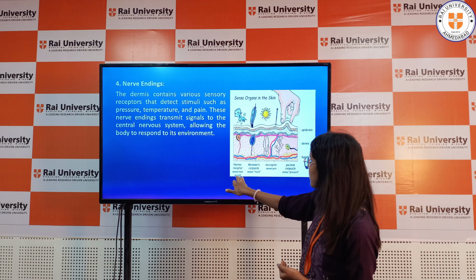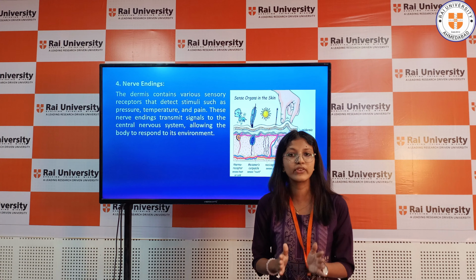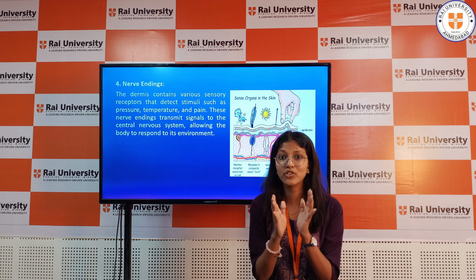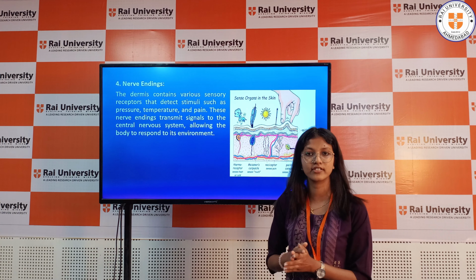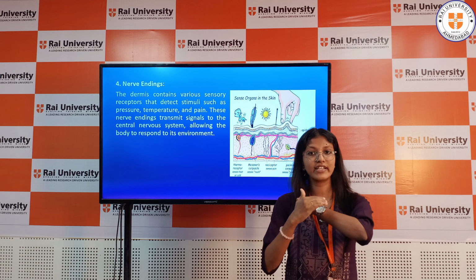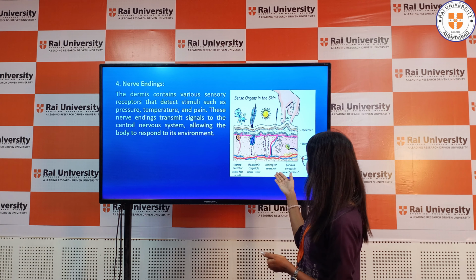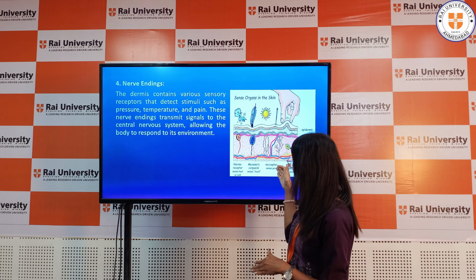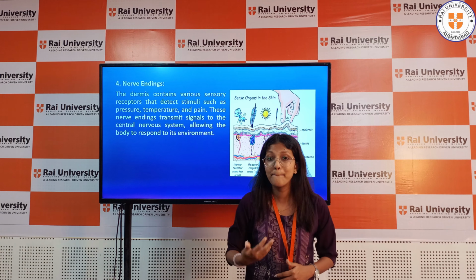For example, thermoreceptors help us understand cold, if it's winter time, and also heat. For touch, we are able to understand that because of Meissner's corpuscles, and the sense of pain, a cut or wound, is because of nociceptors, and Pacinian corpuscles identify pressure.